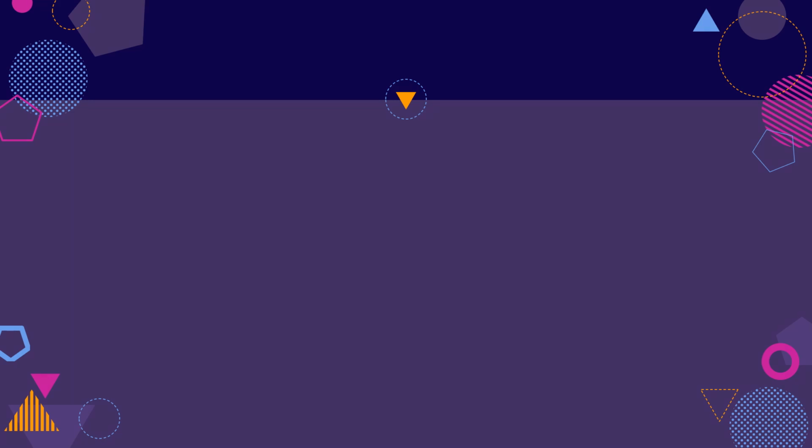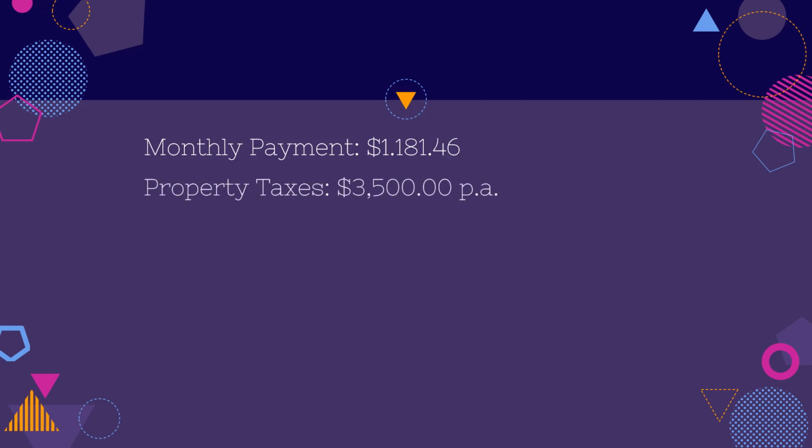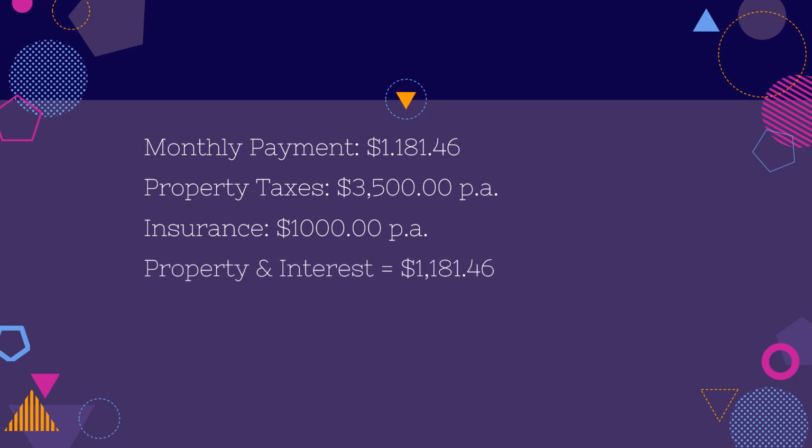The monthly payment is $1,181.46. Let's say the property taxes are a little bit less than 1%, which is $3,500, and the insurance is roughly $1,000. So principal and interest is going to be $1,181.46.